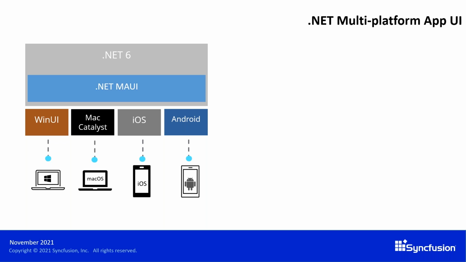For those of you who already work with Xamarin Forms, this is just a natural evolution of the framework. So .NET MAUI unifies Android, iOS, macOS, and Windows APIs into a single API, in order for you to write once and run anywhere and have this unified experience.